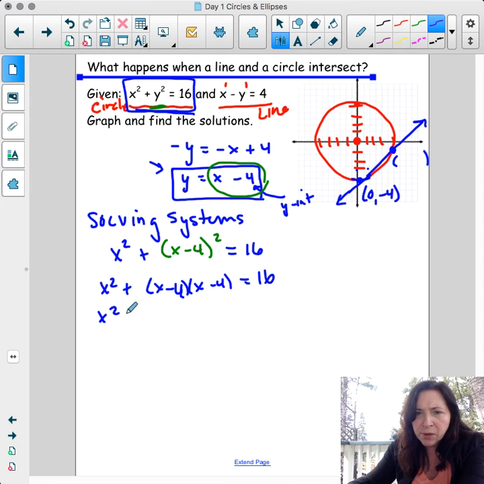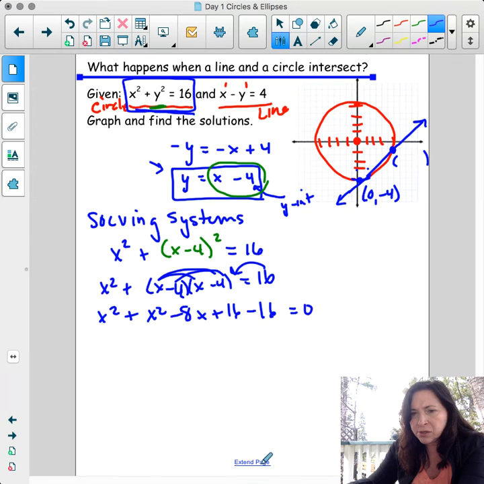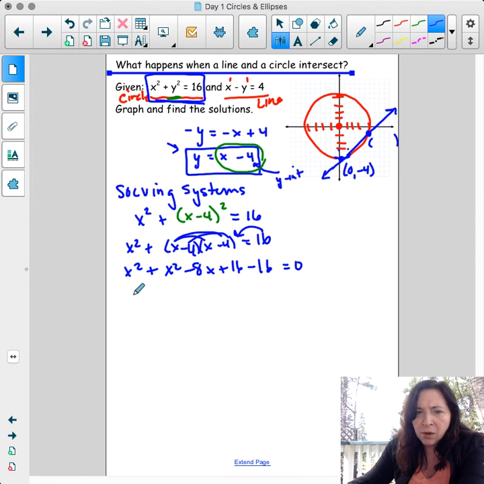So we have x squared plus, let's FOIL, x squared minus 4x minus 4x, which is minus 8x. This makes plus 16. I'm going to move this 16 to the left, and that makes minus 16 is equal to 0. So what we have now is 2x squared minus 8x, these are going to cancel, is equal to 0.